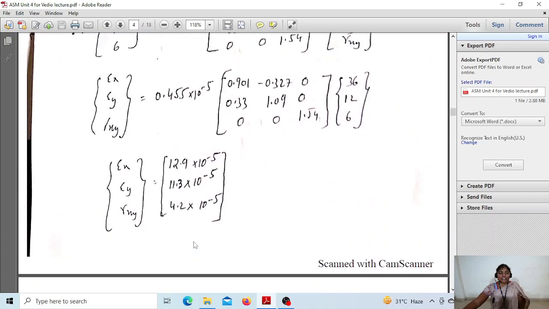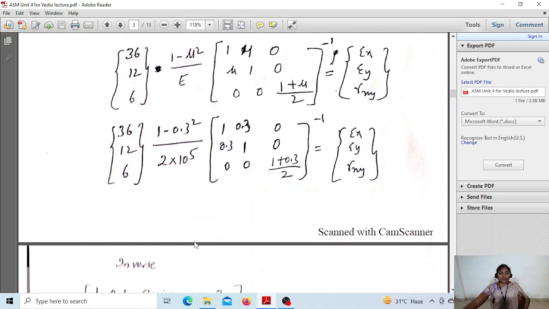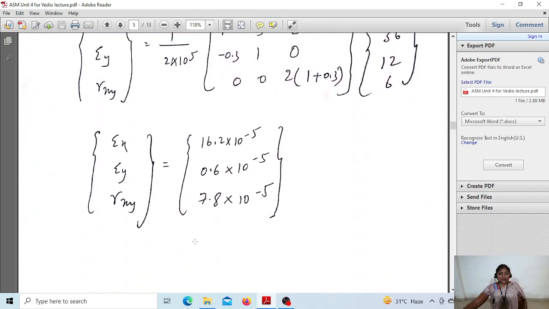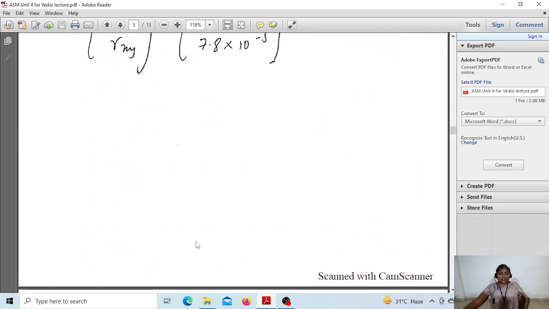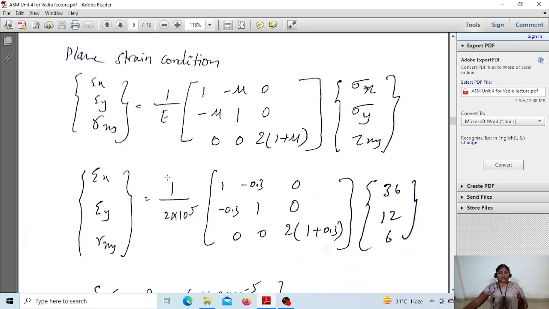Now let us take the plane strain condition. Epsilon x, epsilon y, gamma xy is equal to 1 by E times the matrix 1, minus mu, 0; minus mu, 1, 0; 0, 0, 2 into (1 plus mu), times sigma x, sigma y, tau xy. Directly substitute the values. Here E is modulus of elasticity.